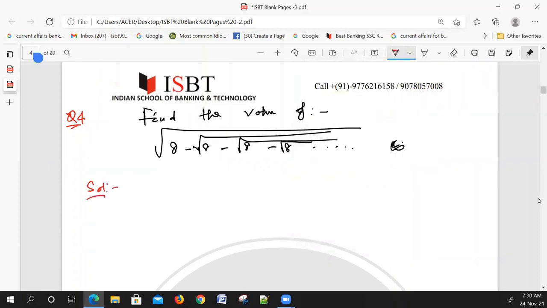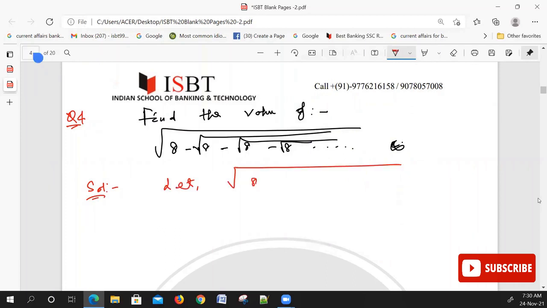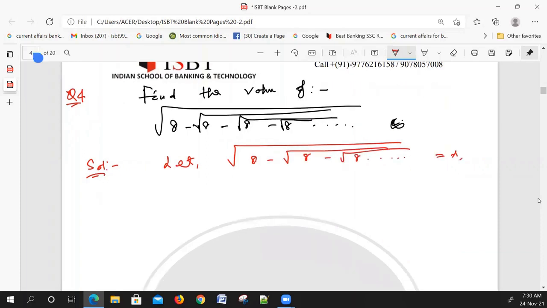Look at the solution. Let this be x. This is up to infinity.